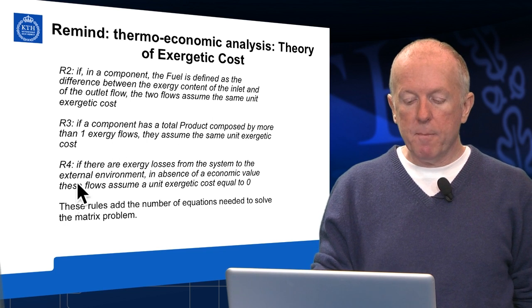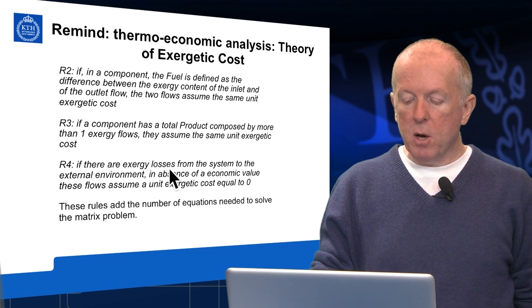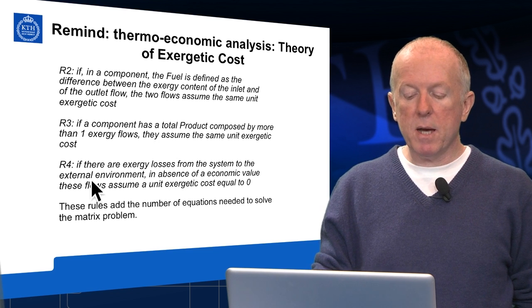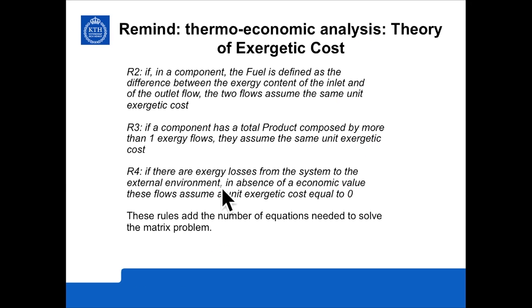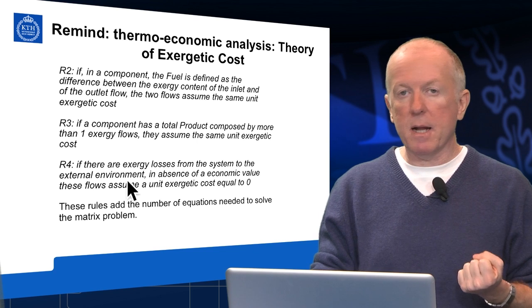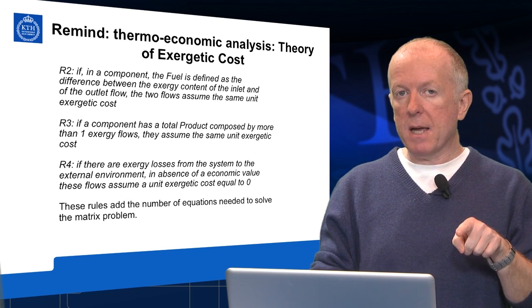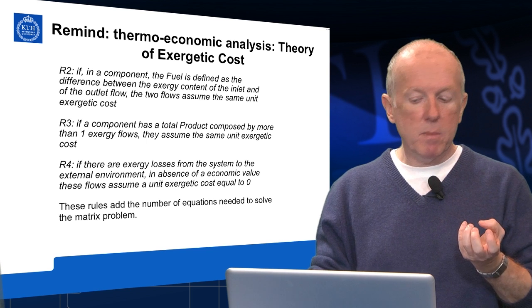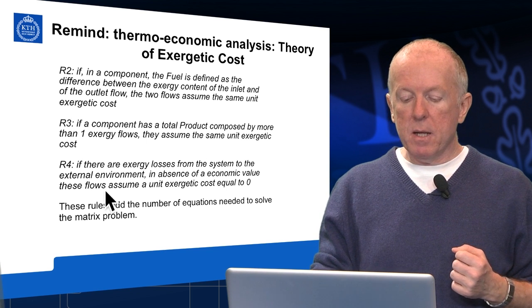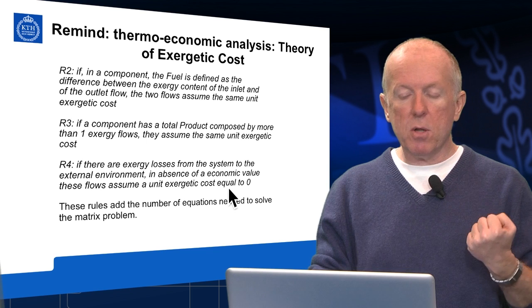Rule number 4: if there are exergy losses from the system to the external environment, so flows which are losses and not really products, it is important that in the absence of an economic value, so if we as analysts don't give to this flow an economic value, we can say that this flow assumes a unit exergetic cost equal to 0.